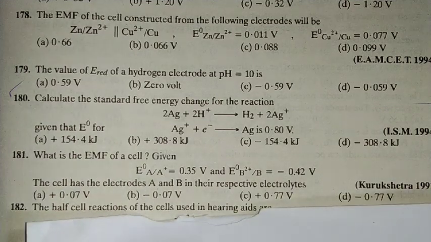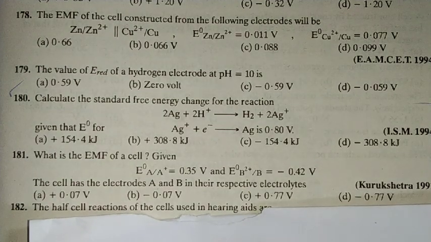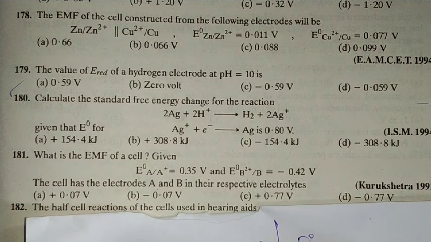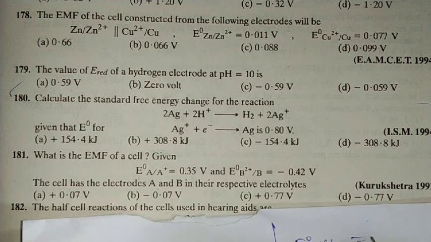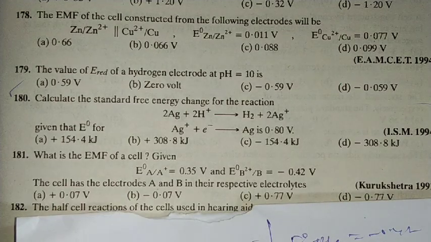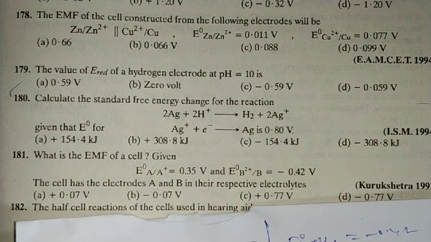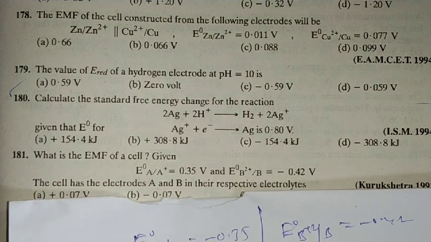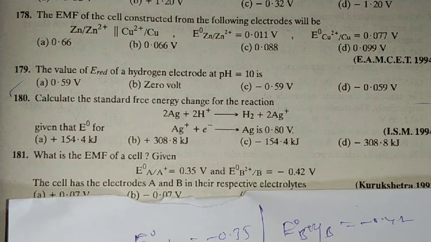That is why what we take, E naught of A plus by A equal to minus 0.35. Similarly, E naught of B plus 2 by B is already given in the reduction potential only, that is why minus 0.42 you take as it is. So both are SRP values. Now EMF of the cell equal to E right minus E left.